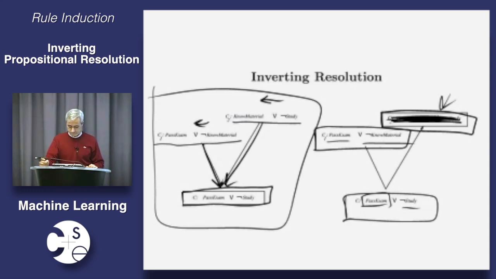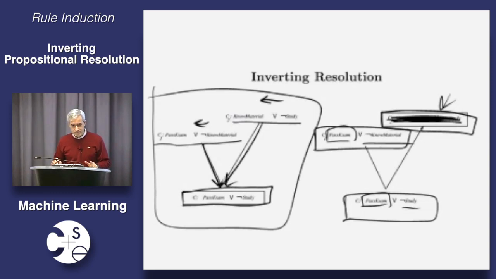From the rule before, you know that the other two that combine to make the resolvent need to not have, they take away pass exam, on the prior slide. Right, absolutely. So notice the following. You said this rule has to contain what?